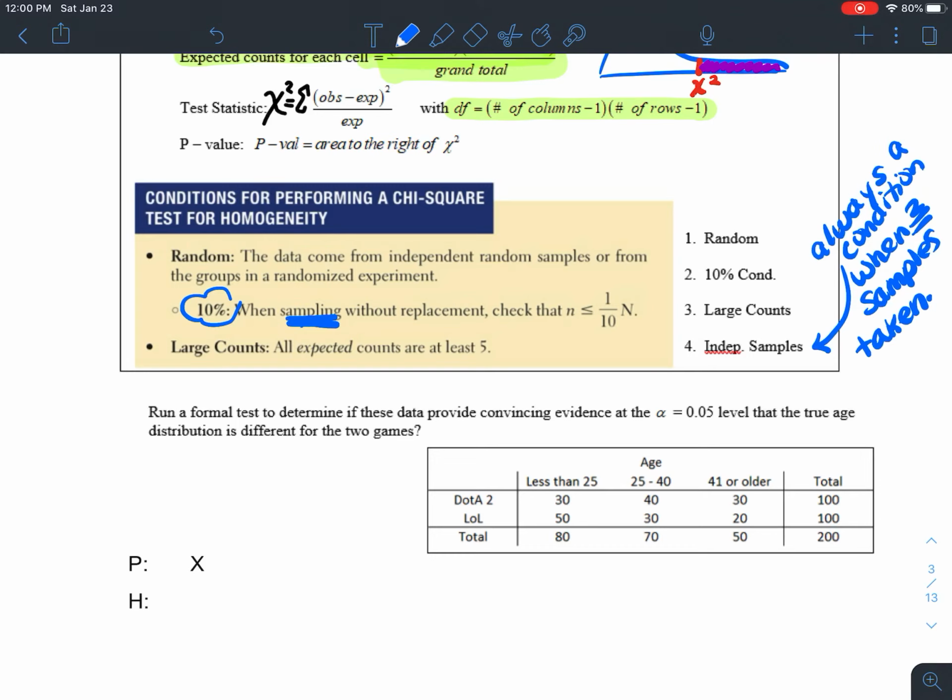We need to make sure that the number in our sample times 10 is still less than or equal to the population size. The large counts condition here is a little bit different. All the expected counts need to be at least 5. I think we experienced that probably with the chi-square test for goodness of fit as well. It needs to be at least 5.